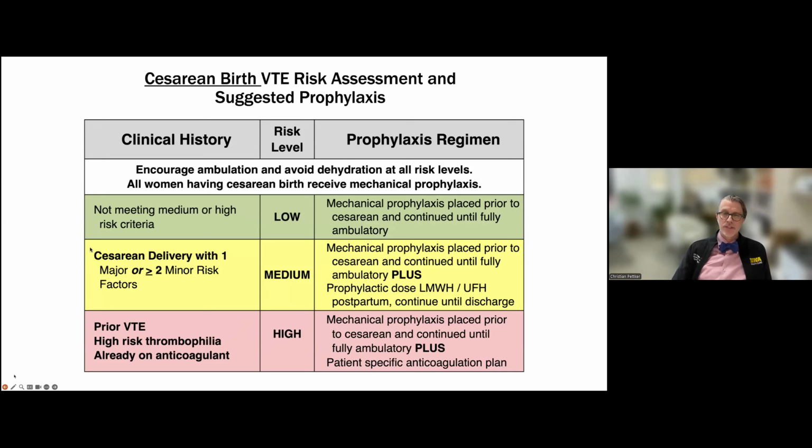And again, just to take an example of a patient who has one major risk factor, so that might be BMI of 40 and a cesarean delivery, those patients would get mechanical prophylaxis placed prior to the cesarean. It's continued until they're ambulatory the next day. And you would be giving low molecular weight heparin at a prophylactic dose, so a once a day weight-based dose.